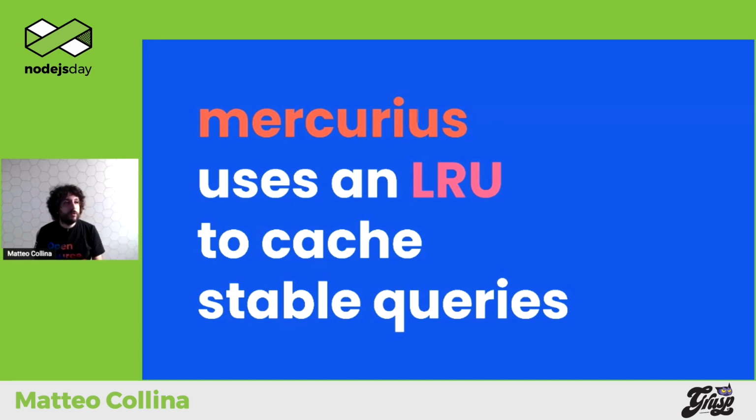And I recommend using query variables for this, because if you use query variables, you can really leverage this pattern, because the query will stay the same. It's just a blob of text. And then you can just use the LRU. Now, there are other techniques like persisted queries and so on and so forth that can be easily combined with this approach to get those stable queries for higher performance.